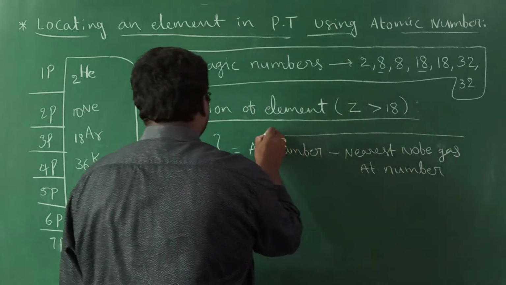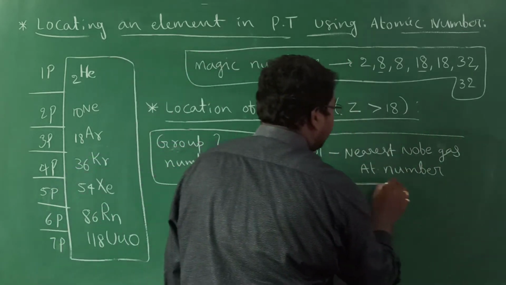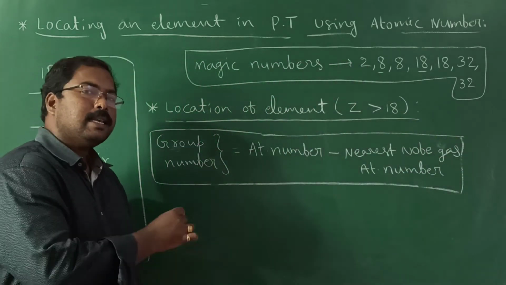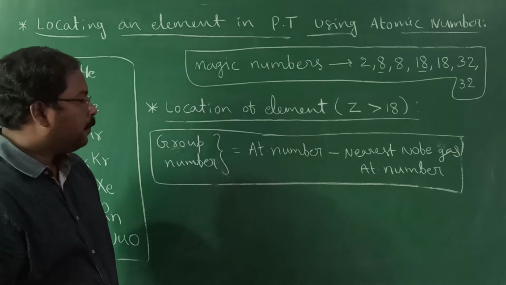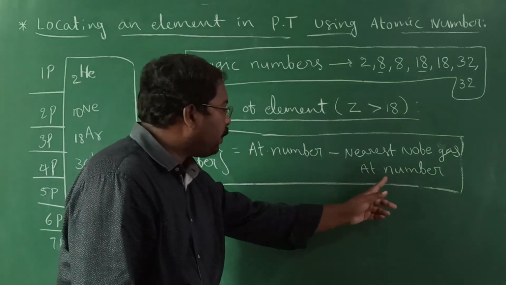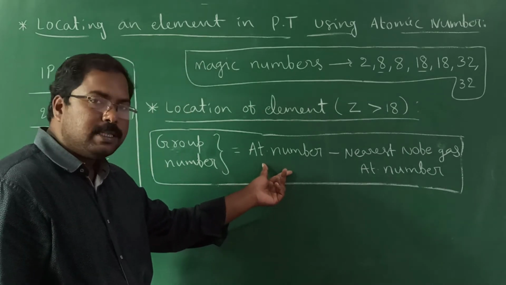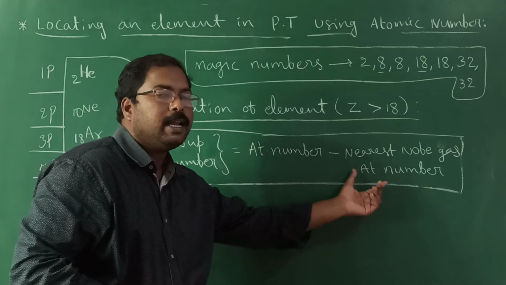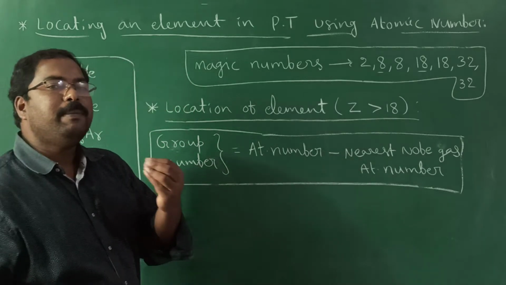Okay? Nearest means before that atomic number. Here we are subtracting, so compared to this atomic number, take the one before it. If you take one after, you will get a minus value. Will the group number be minus?